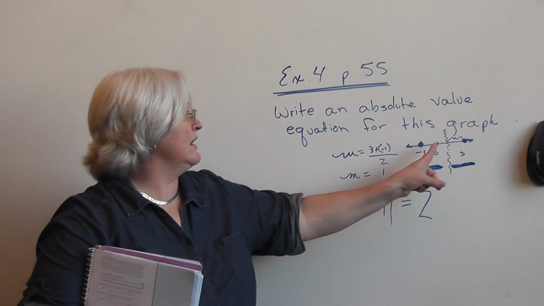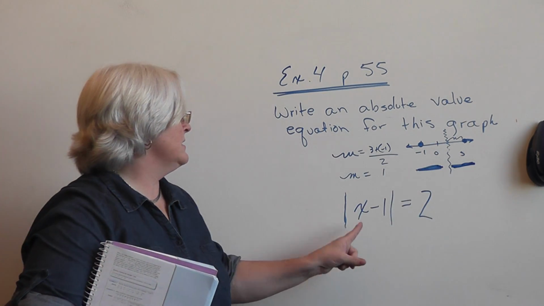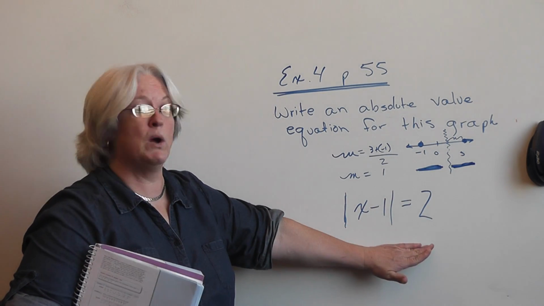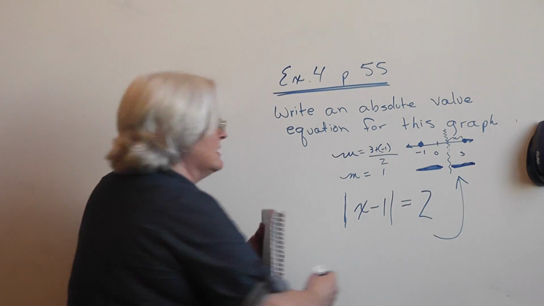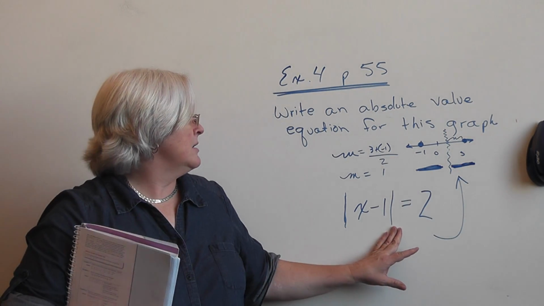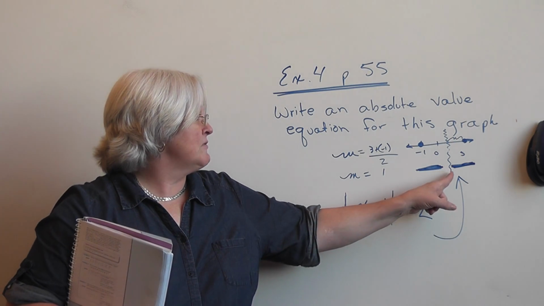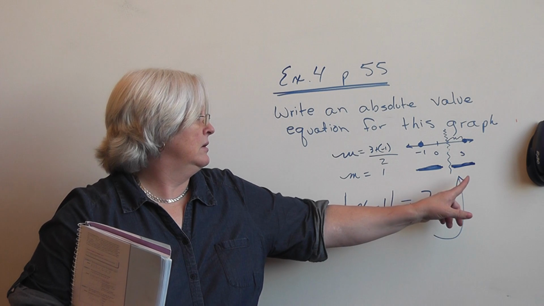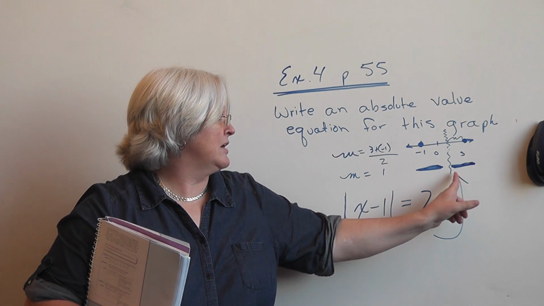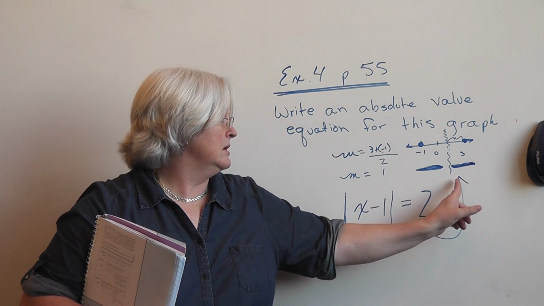From this point right here on the number line, this says what this equation means is this silly little picture here. The distance from a 1, the absolute value is 2.